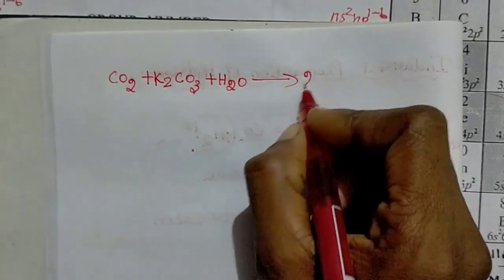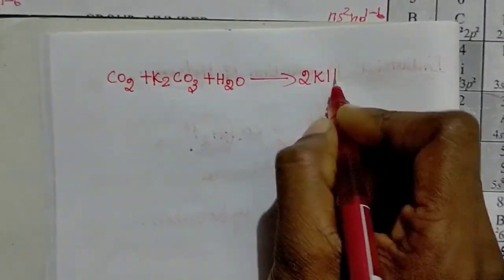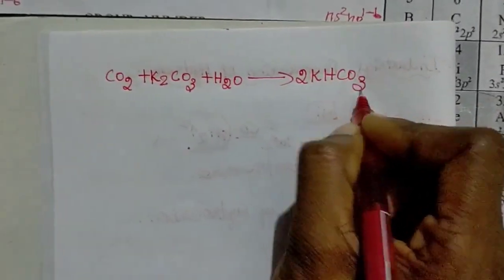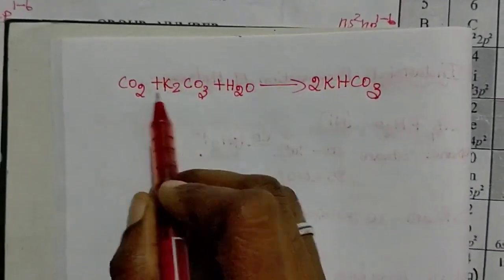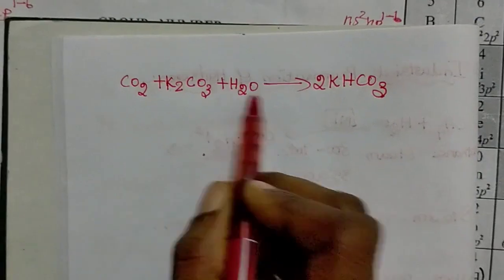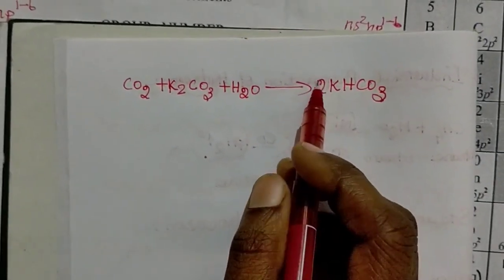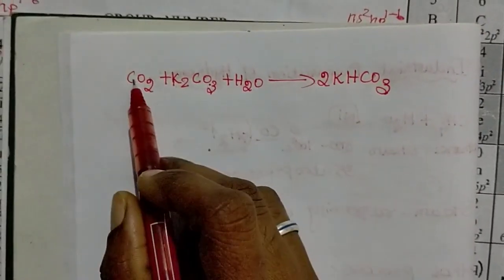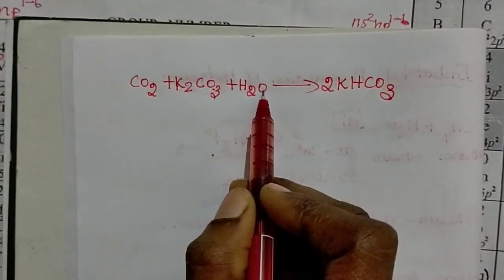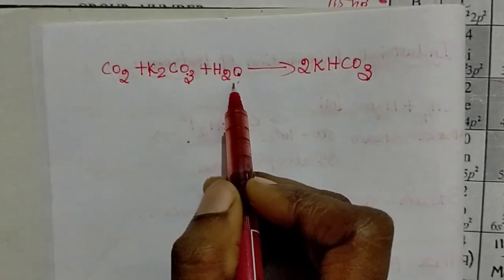It gives 2KHCO3, K2. So 2K, hydrogen. How many hydrogen are present? 2. So you can put here 2KHCO3. Here one CO2, and it is combined with the oxygen from H2O.